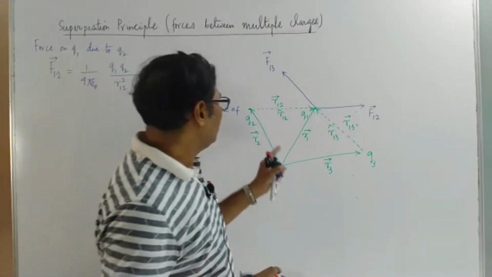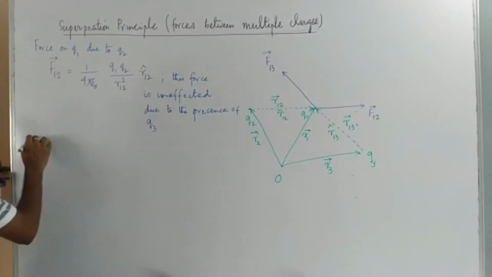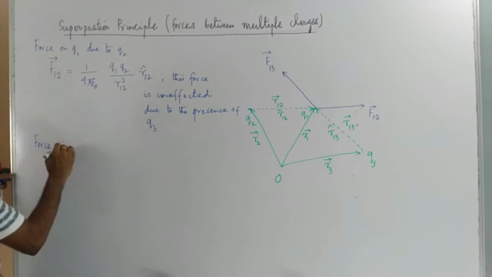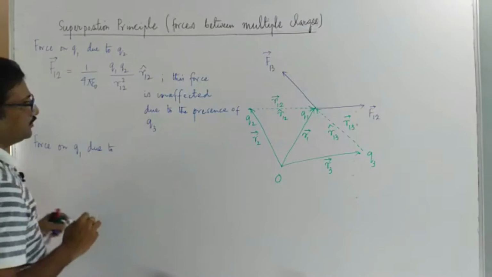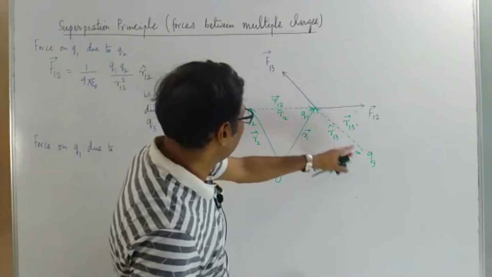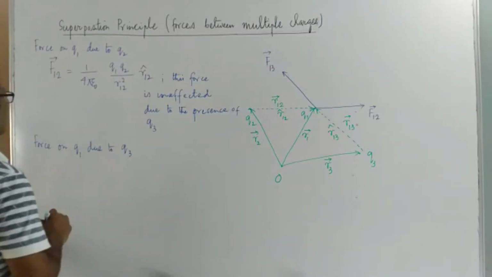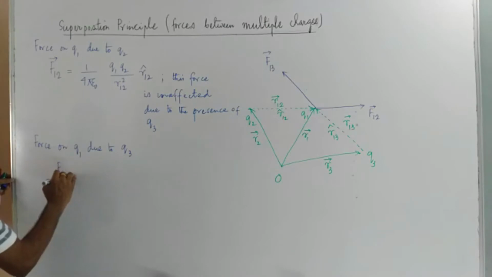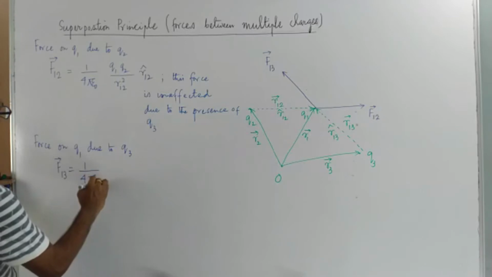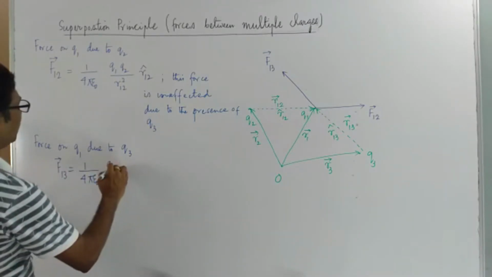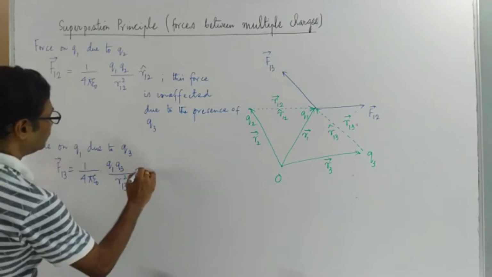Similarly, now I will be calculating the force on Q1 due to Q3. That should be F13 is equal to 1 by 4 pi epsilon 0 Q1 Q3 by R13 square R13 cap.